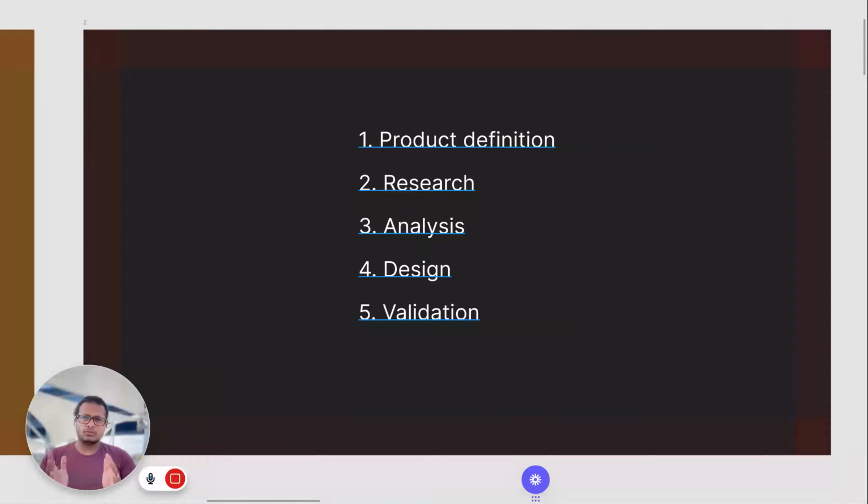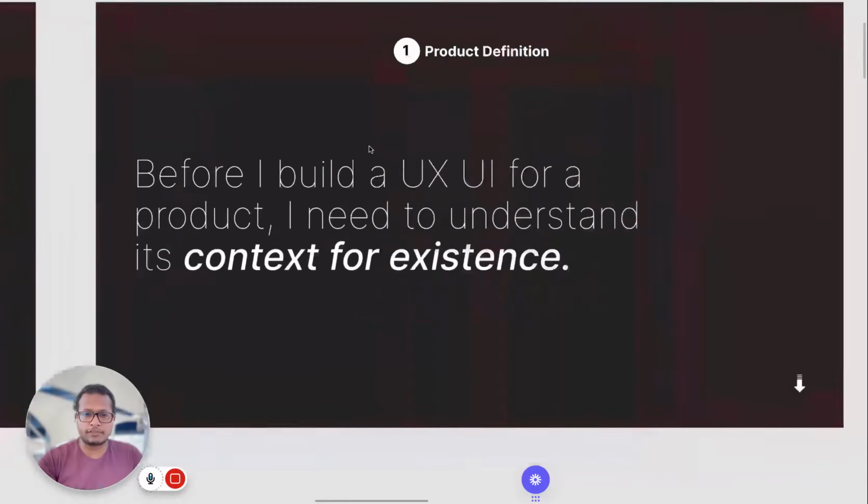This is very, very important. People just make the design and finish. No. With UX UI, if you want to get more benefit, like optimizing your NPS score and trust on the internet, you need to keep validating the UX research. So let's start with product definition.